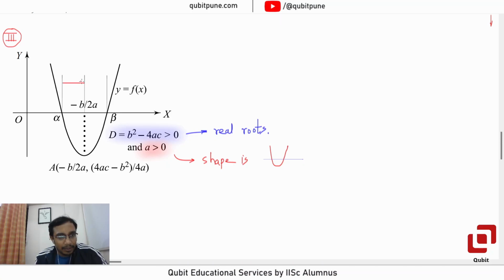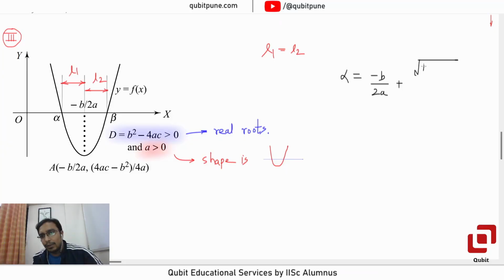So if I call this length L1 and this length L2, L1 has to be equal to L2, and even the quadratic formula tells us the same thing. How? If alpha becomes negative b upon 2a plus root of b squared minus 4ac upon 2a, then beta becomes negative b by 2a minus root of b squared minus 4ac upon 2a.